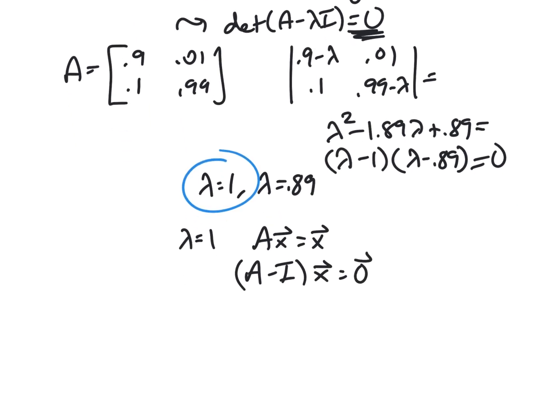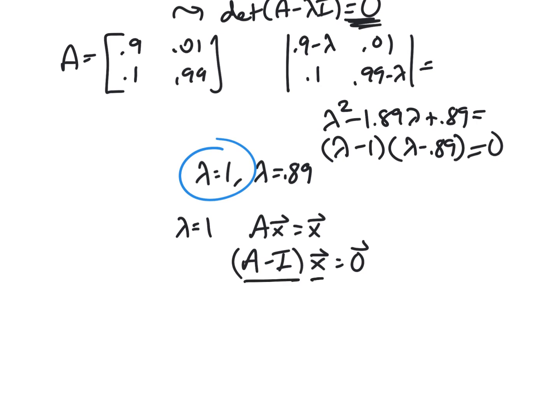And we know how to solve things like this. This is just a matrix times a vector equals 0. You can just do an augmented matrix. So if you plug in lambda equals 1 up here, where I just circled in red, this just becomes 0.9 minus 1 is negative 0.1, 0.1, 0.01, and then 0.99 minus 1 is negative 0.01.